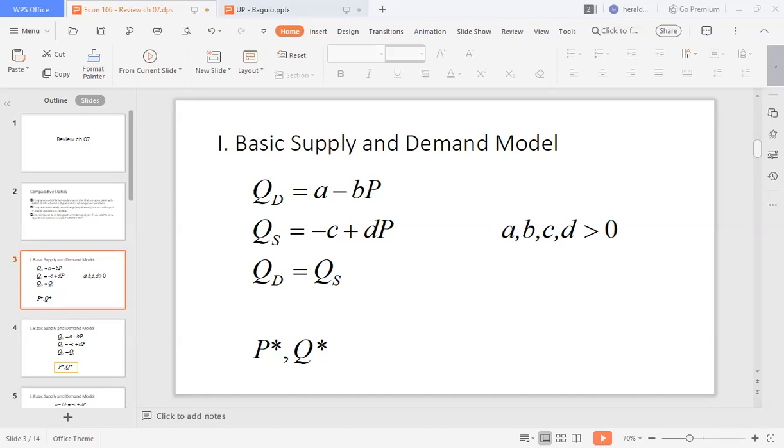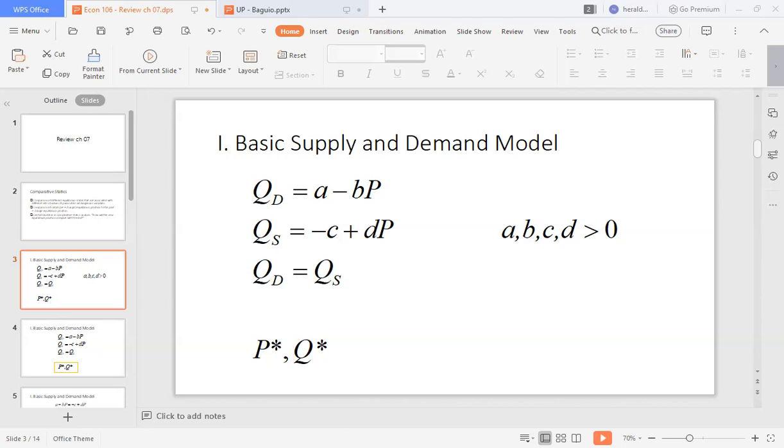And so it is acceptable to have a negative intercept. We also have our D there, which is our slope for the supply function.